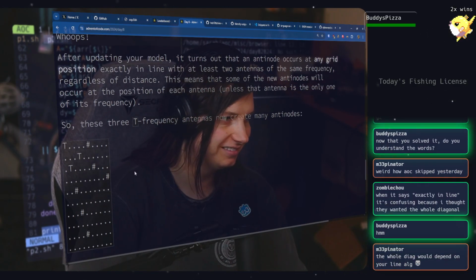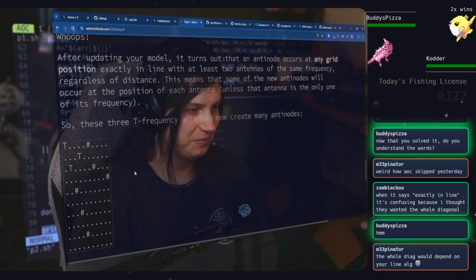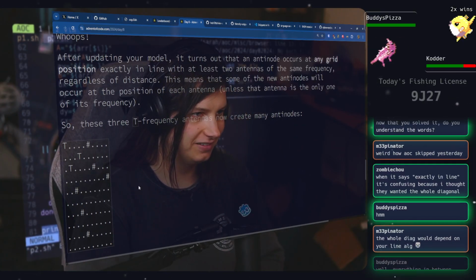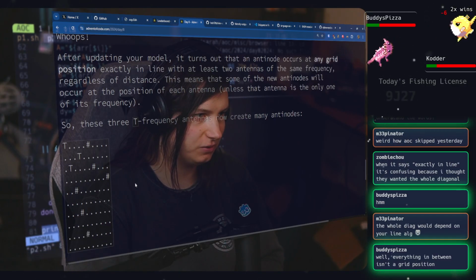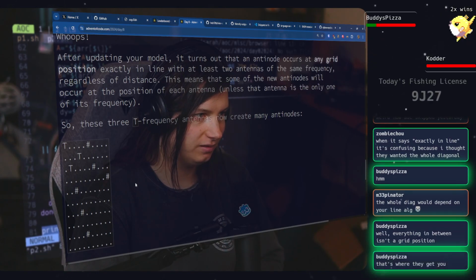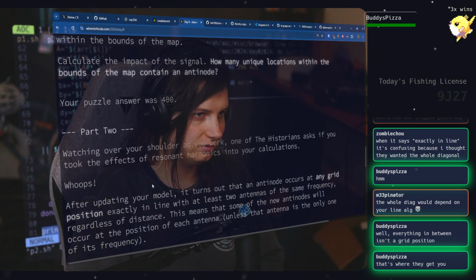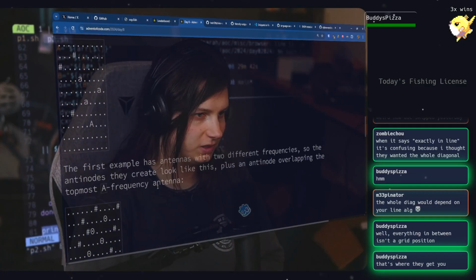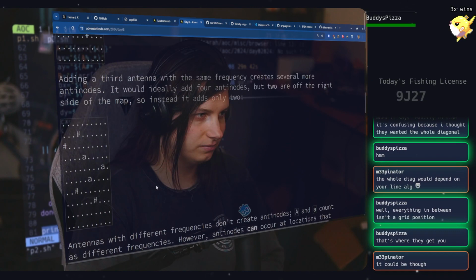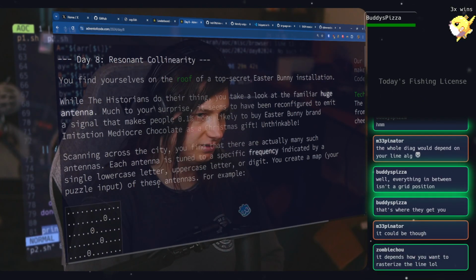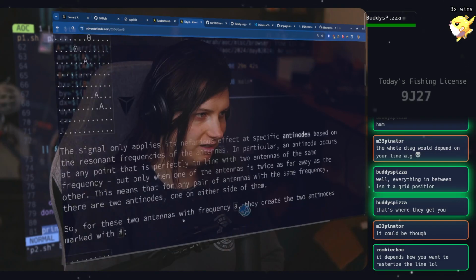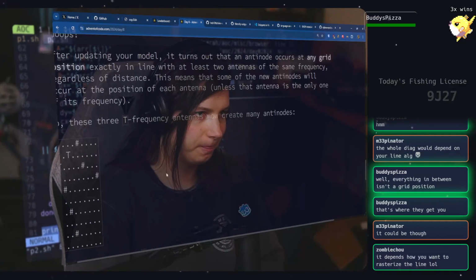Yeah. Everything in between isn't a grid position? What do you mean? Yeah, I still think it's poorly worded.